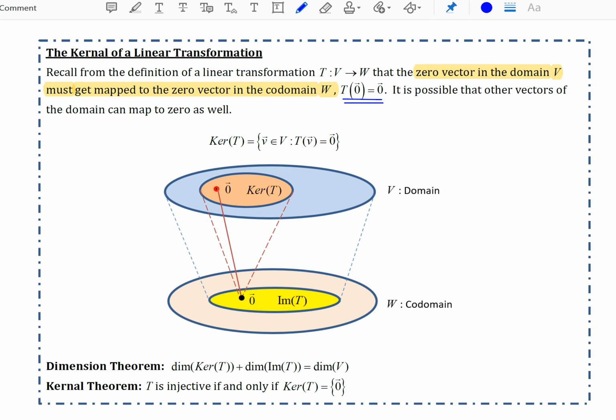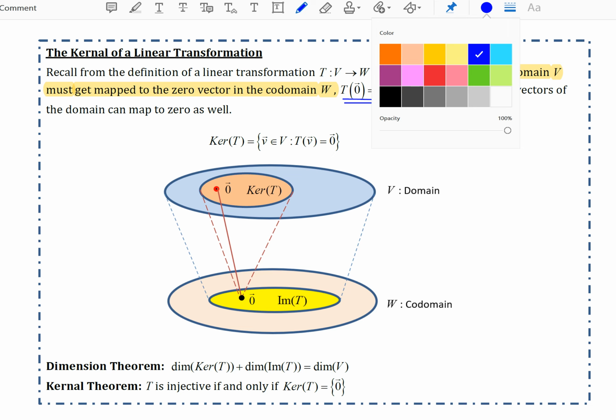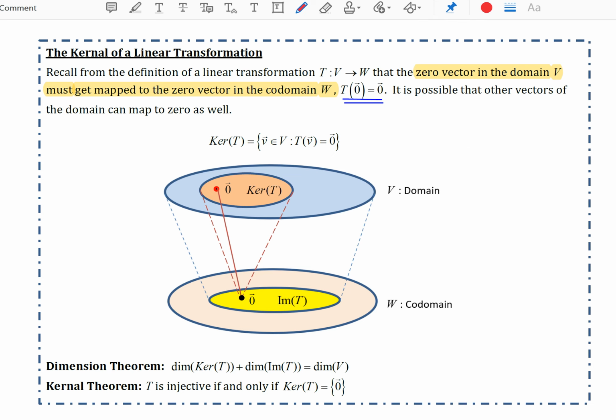Our question is, is it possible that other vectors of the domain can get mapped to 0 as well? Or specifically, the kernel of T are all of the little vectors v in V such that T of v is 0. Our graphic shows us that the kernel absolutely will take 0 and map it to 0.